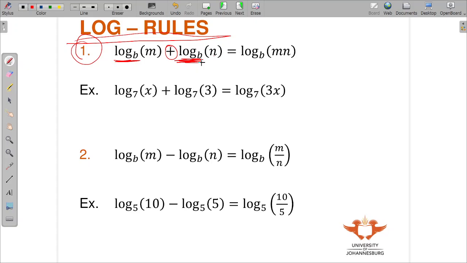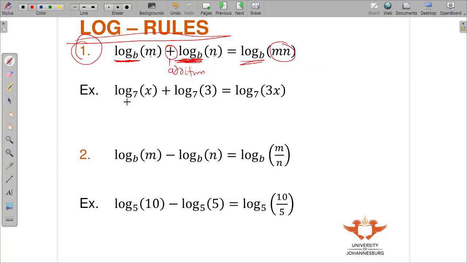This to base b, this to base b, and the operation is addition. Then m and n will be multiplied. So log m to base b plus log n to base b gives us log to base b of m multiplied by n.